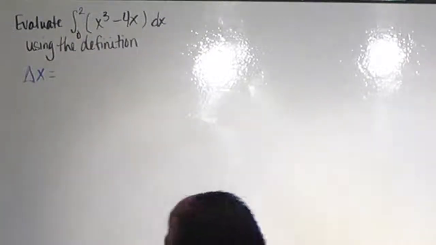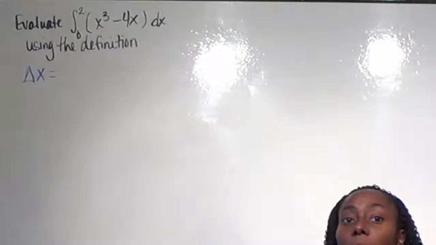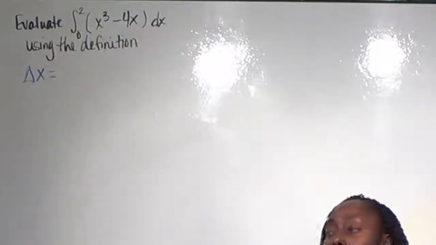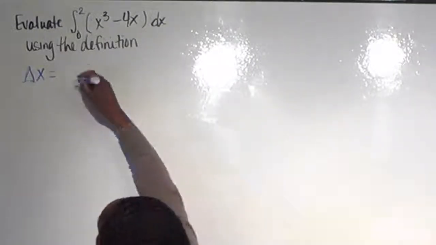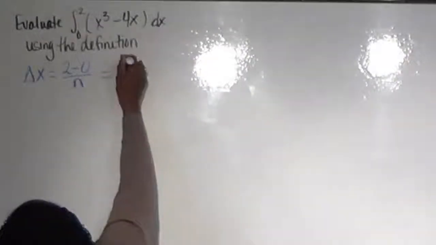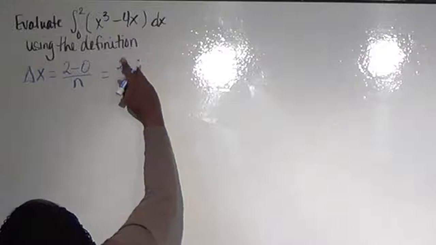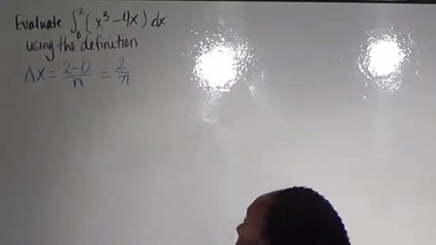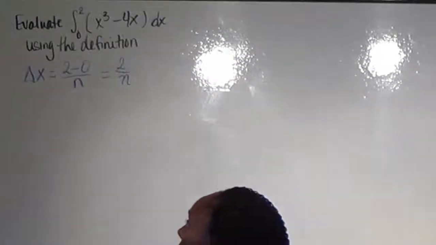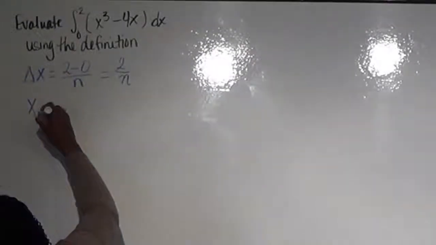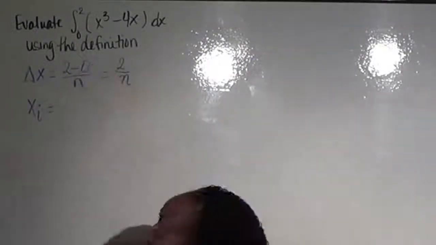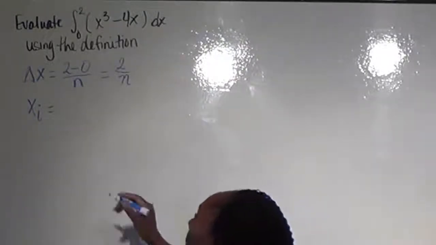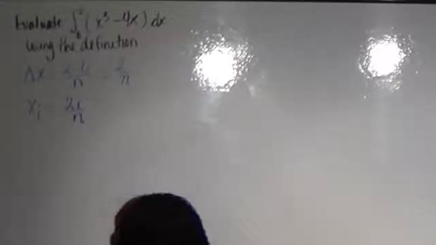So for this one, if I look at my interval, it is from 0 to 2, which means that my delta x is going to be 2 minus 0 all over n, or 2 over n. My x sub i, again, because my interval is starting at 0, I know this is going to be 2i over n.